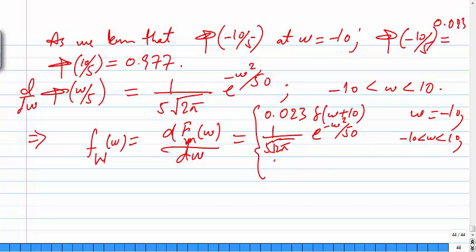After that you have 0.977 delta of w minus 10 when w is equal to 10, and 0 otherwise.